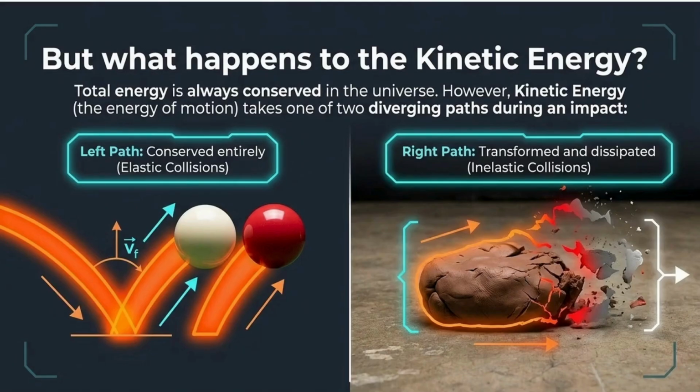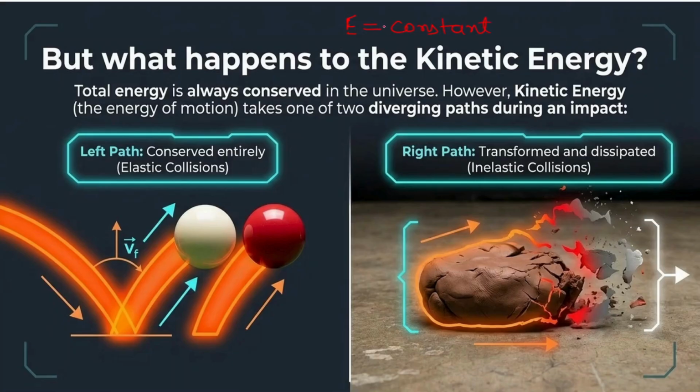So now you may ask, if momentum is conserved, what happens to the kinetic energy? Here we need to make an important distinction. The total energy of the universe is always constant. Let's suppose the total energy E is always constant.